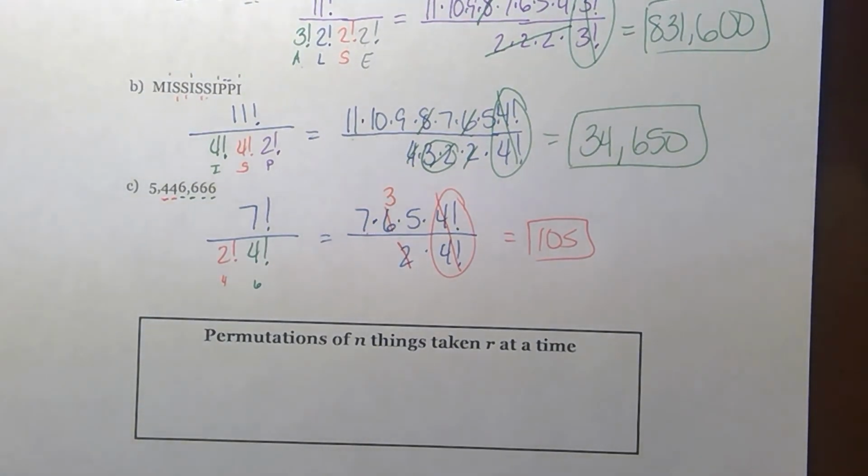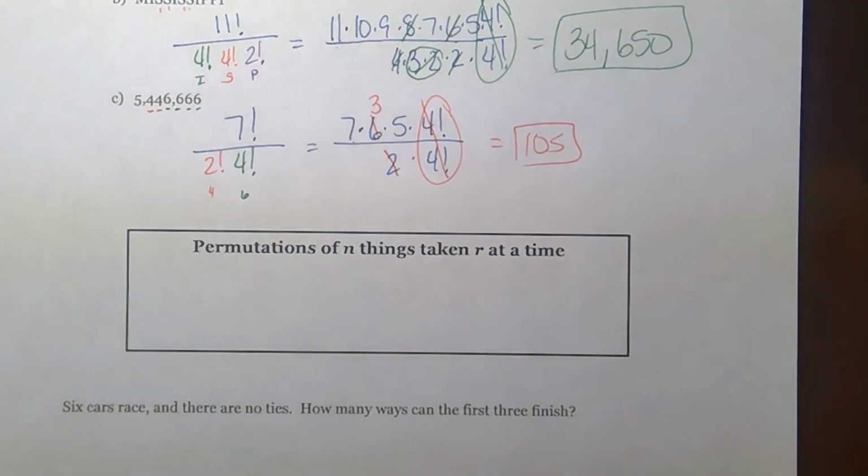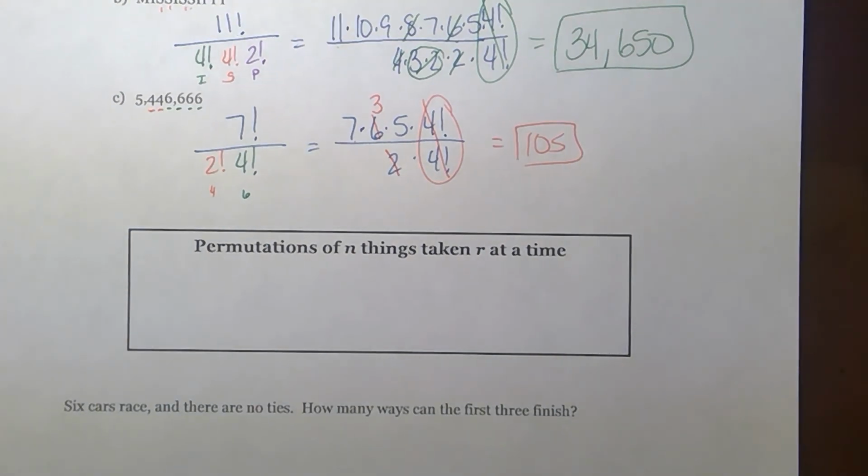Okay, here we get to our actual definition of permutation. This definition of permutation you're going to see in different textbooks. You're going to find it online. It is a more complicated way of finding the permutations, but you're always welcome to use that definition.